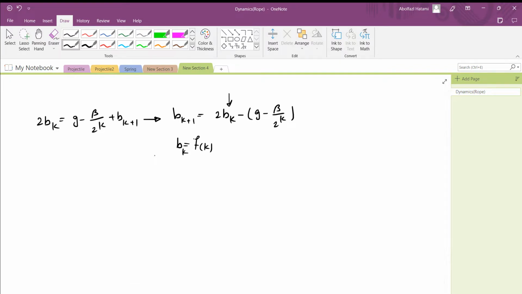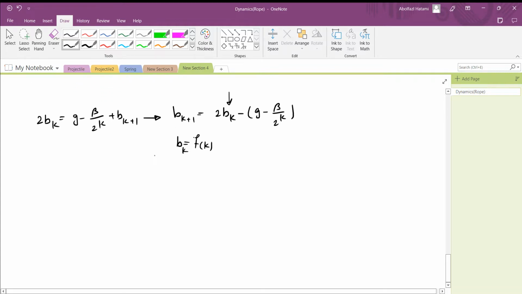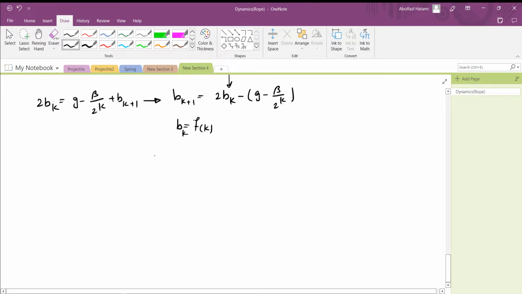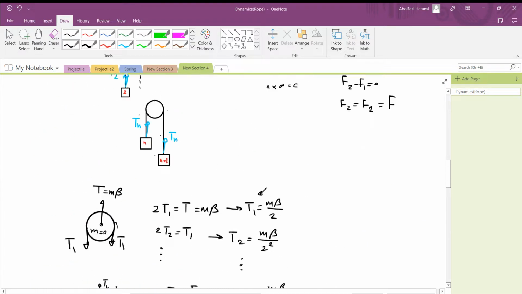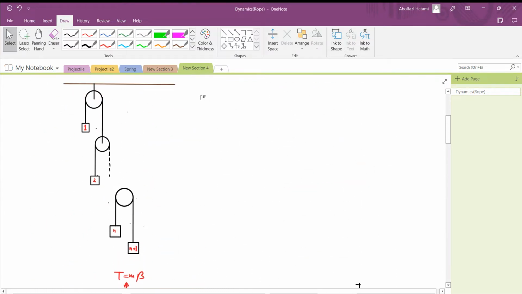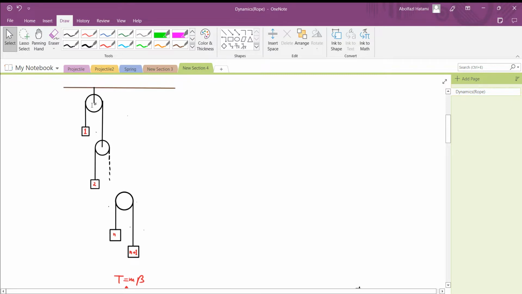For solving this part, I forgot to say a note. If we have a recursive equation, we should also have, for example, b0 or b1 or something like that. If you paid attention, what is b1? It's the acceleration of the first pulley, which, because it is attached to the wall, is 0.